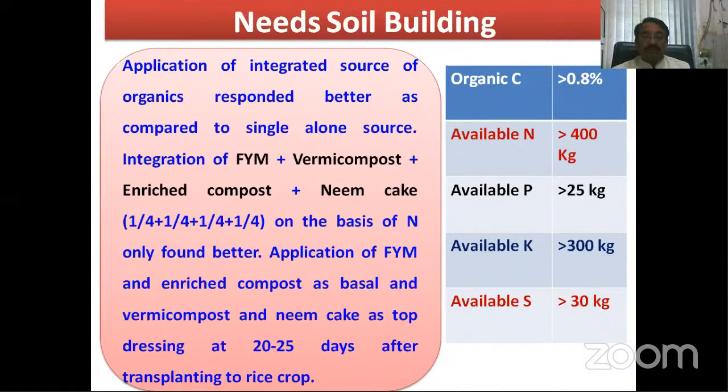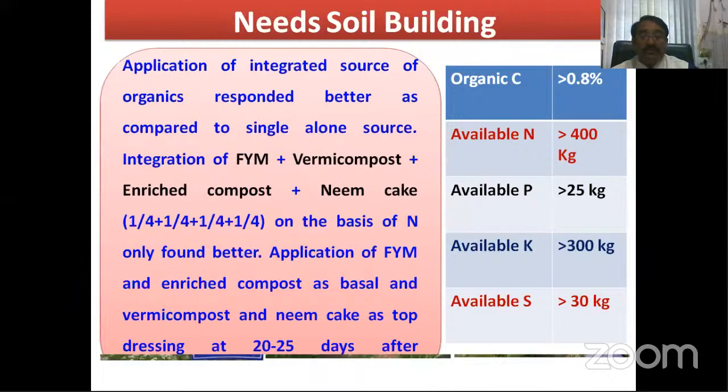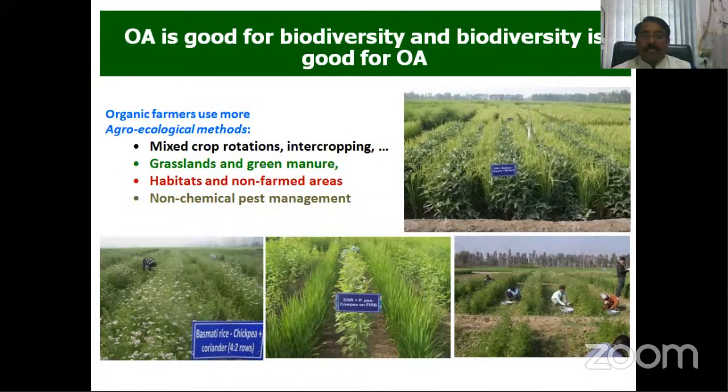Some sources should be high C:N ratio for long-run buildup of organic carbon. Some should be low C:N ratio, carbon nitrogen ratio, which immediately release nutrients to cope up with the demand of the crop. That is very important in terms of nutrients.